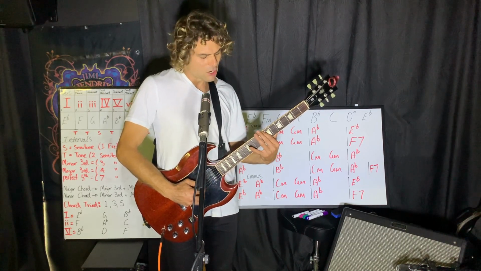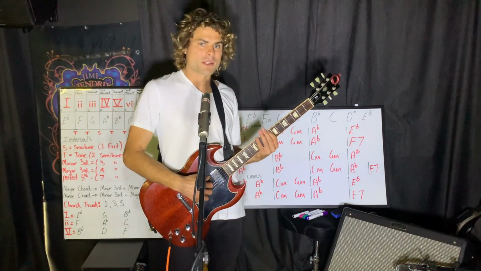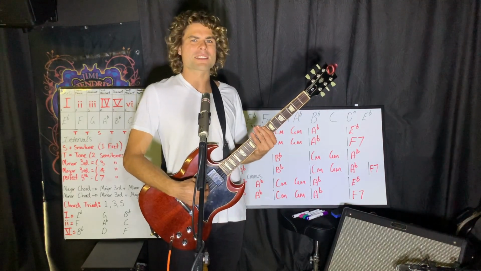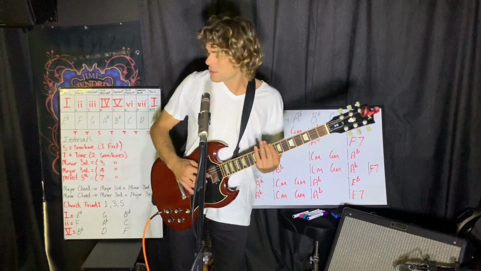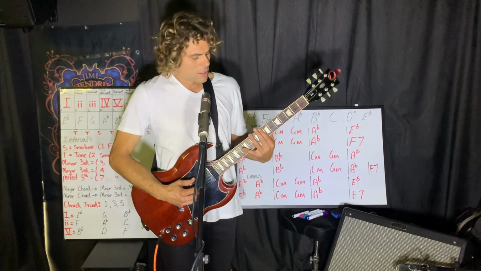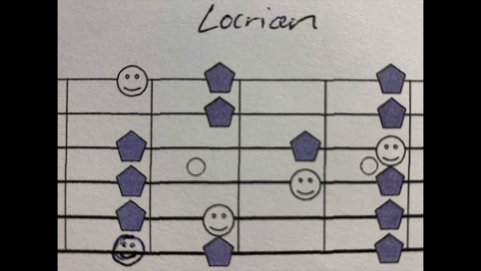Right, D Locrian's also E flat major, it's also C Aeolian. All we're doing is revoicing the scale starting from a different note of the scale. So basically, we've got our Aeolian mode, and let's try and go down C Aeolian, and then we'll come back up D Locrian.